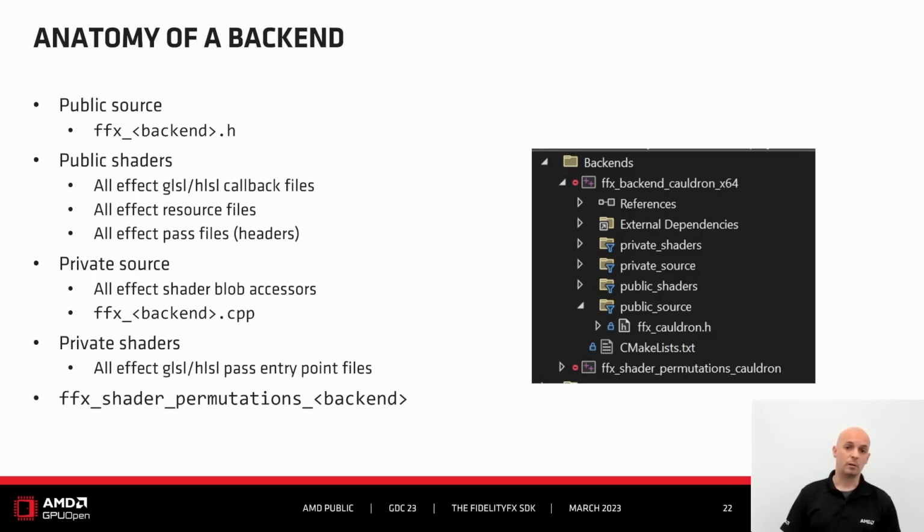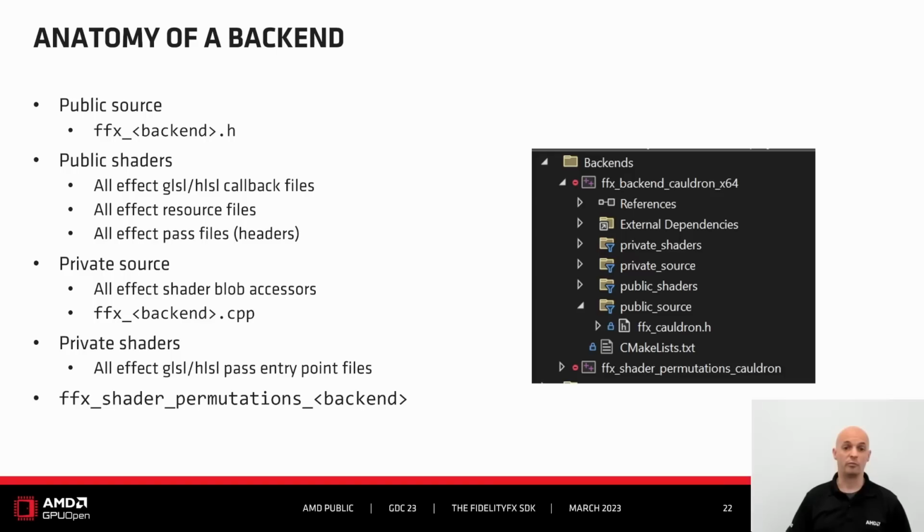The backend, on top of implementing interface support, is also largely responsible for building all shader permutations for a particular platform. The files to enable this are grouped under 4 different headings, plus a special shader permutations project. We have public source, which contains the backend definition file that you're going to want to pull in from your game or application.